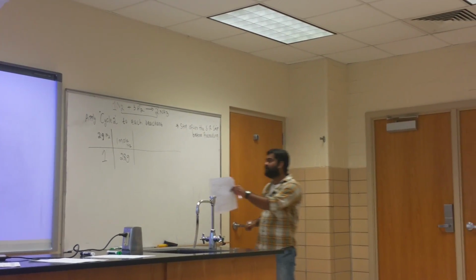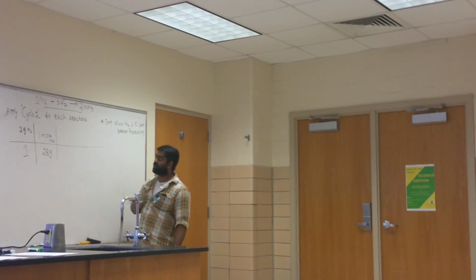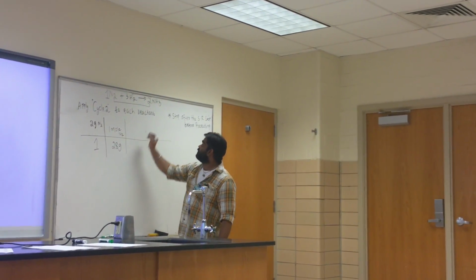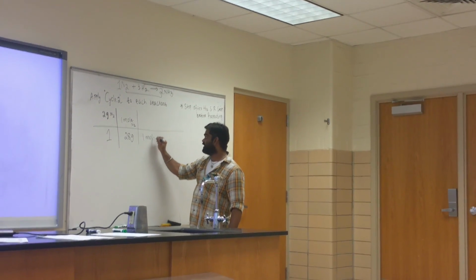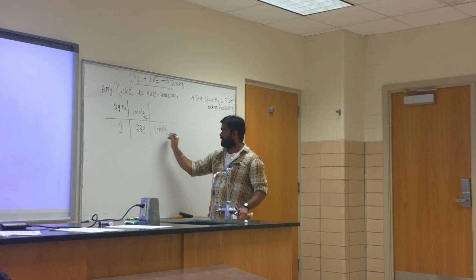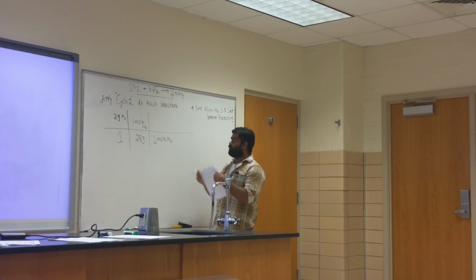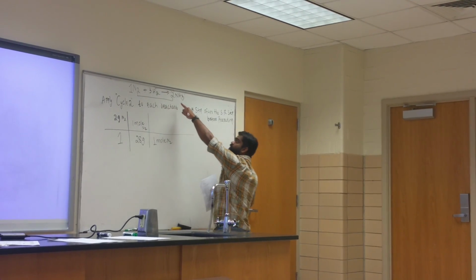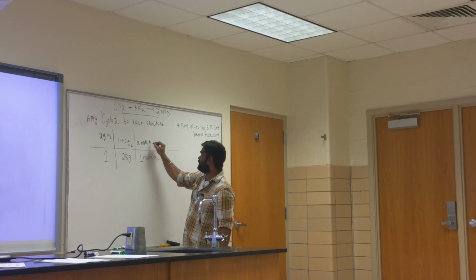So ultimately, whatever we do, we can't have N2 anymore. It's got to be gone. So for every 1 mole of N2, whatever that number is has to go in front here. Let me underline it. For every mole of N2, you produce 2 moles of NH3.